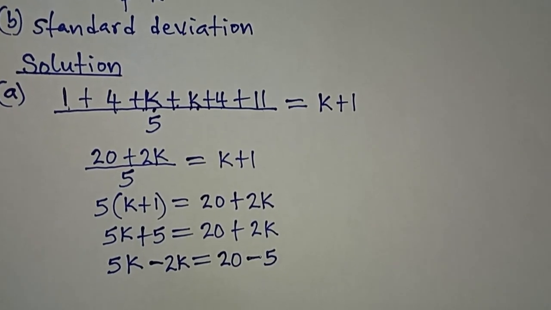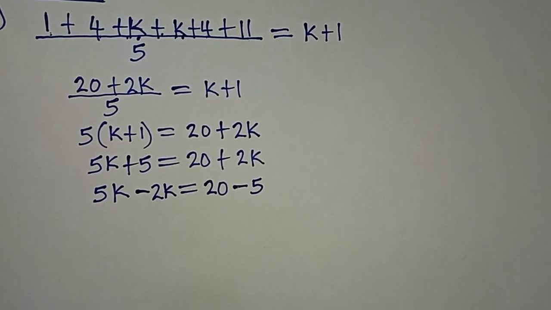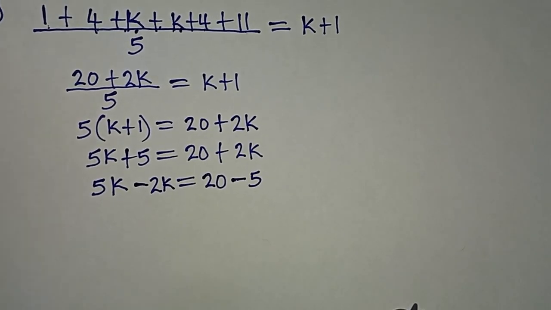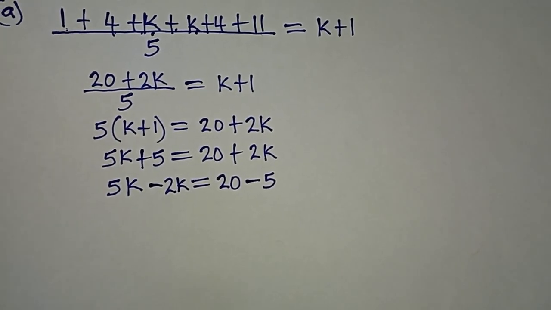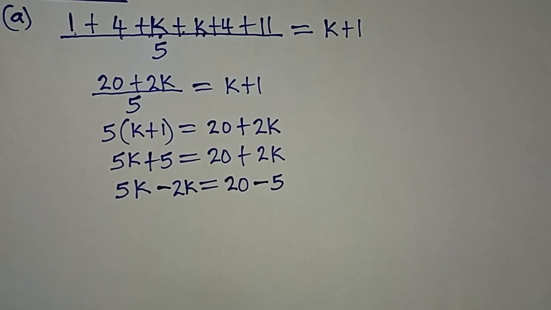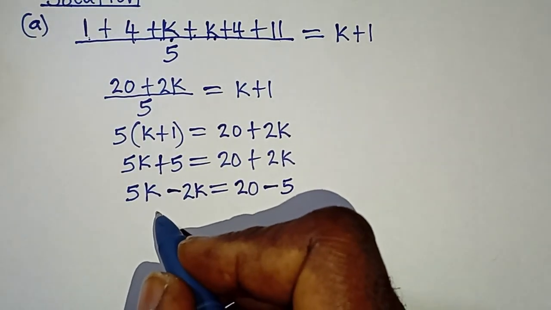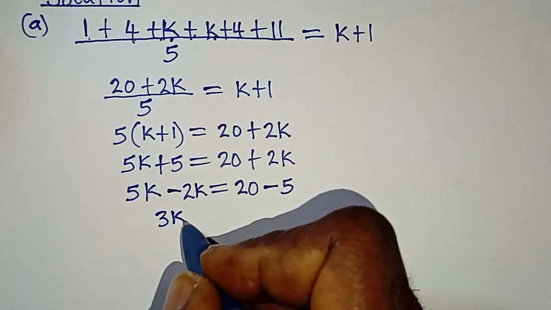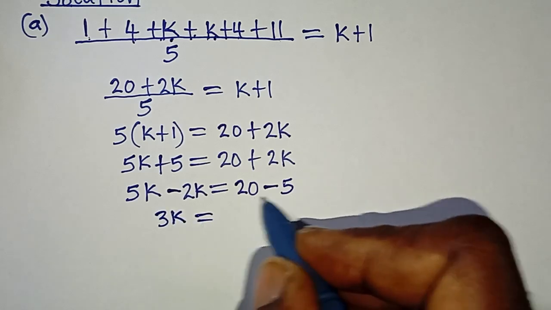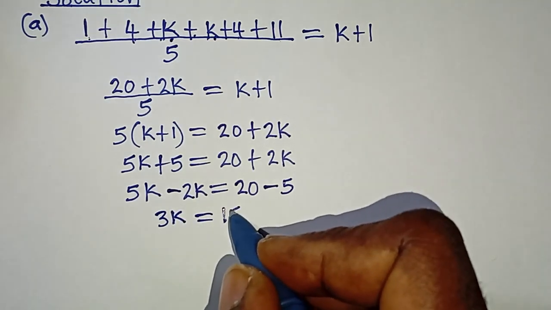So now, if we check there, we have 5k minus 2k. So I'm going to write it like that. 5k minus 2k will give us 3k. And that will be equal to 20 minus 5, which is 15.